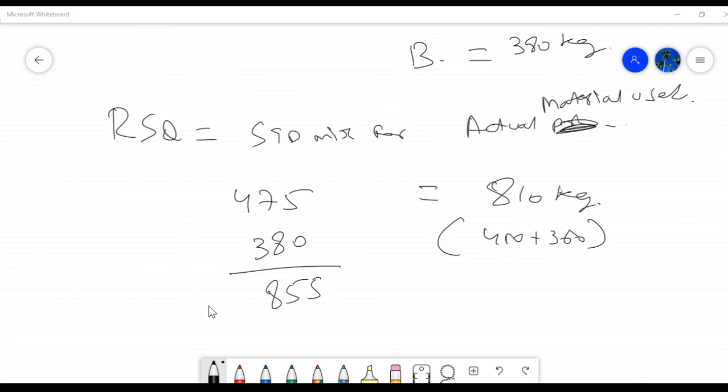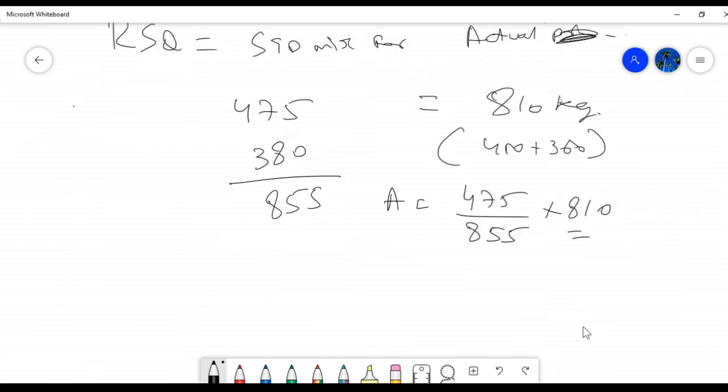So how to work that out? For A, 475 divided by 855 into 810 kg equals 450 kg.